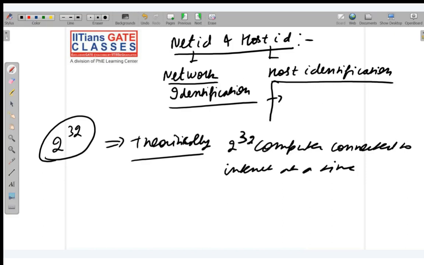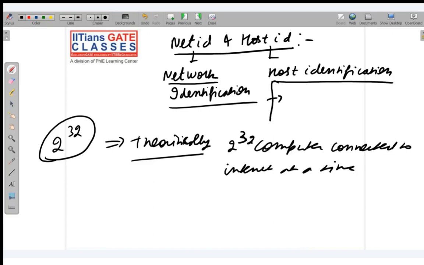So if I want to do routing, that means any computer can send data to any other computer in the world. Routing means to place the packet en route to destination. I think I have told you many times in the previous lectures also.